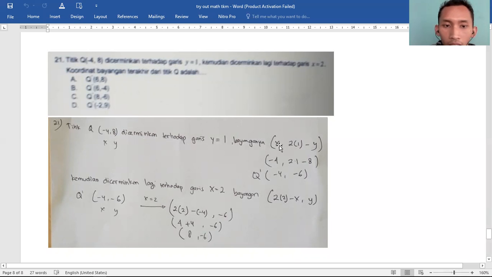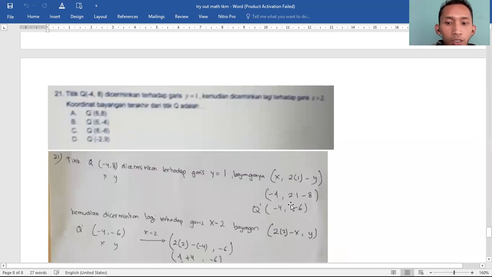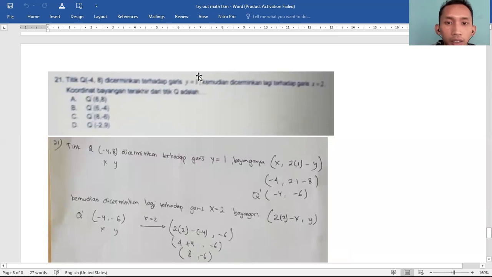Dari X, dia akan tetap X. Y-nya akan berubah jadi 2 kalinya ini dikurangi Y. So, 2 times 1 negative Y. I write it here, the formula. So, the result is still negative 4 as X. And then for Y, 2 times 1 negative y is 8, so 2 minus 8, so it is negative 6. So this is only until this part, right?